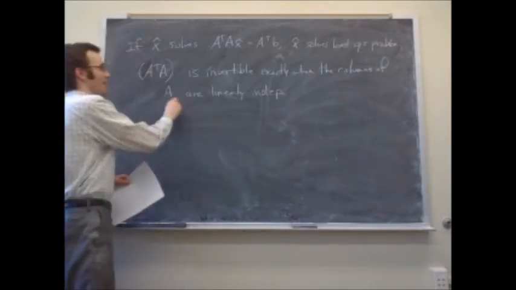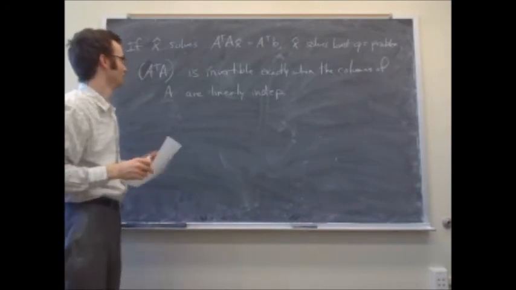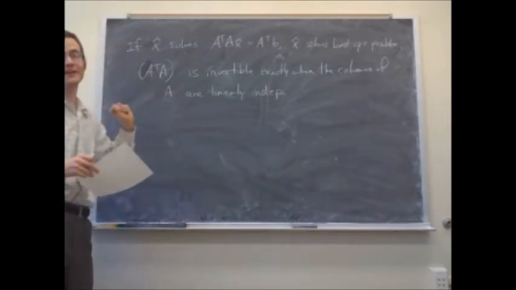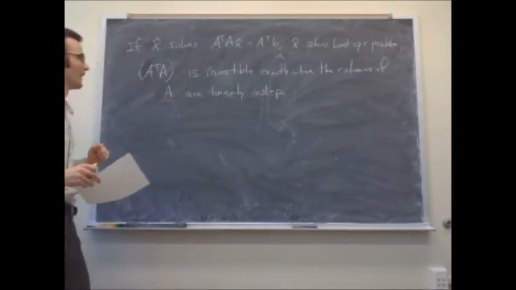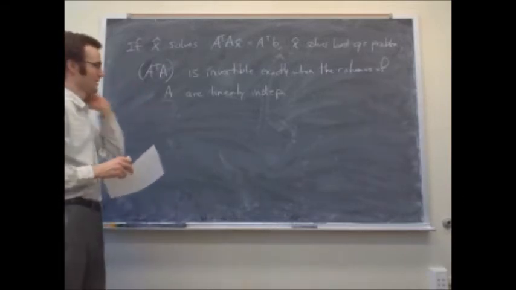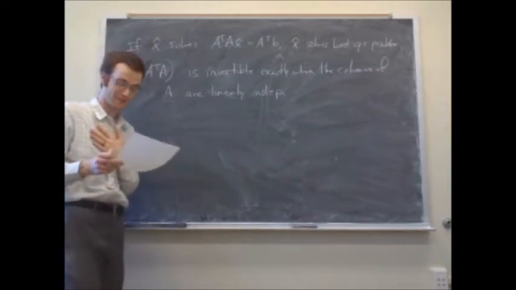So this is the columns of A we're talking about, not of A transpose A. I should mention, A transpose A, if you just look at the dimensions, is a square matrix, so that's not a problem if we want to find an inverse. But it's invertible exactly when the columns of A are linearly independent.